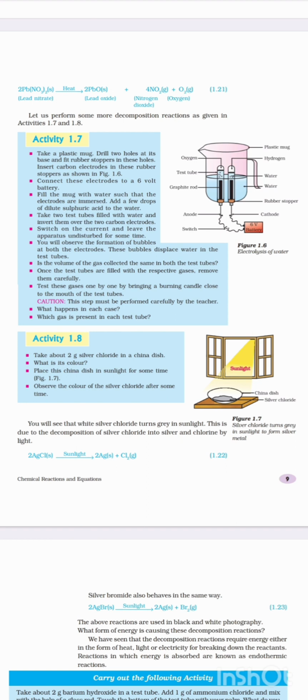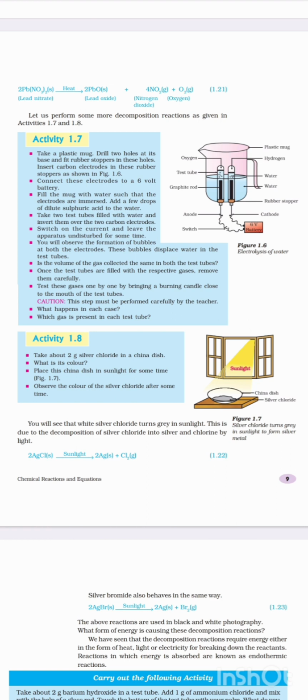Without energy, the reaction does not take place. So this is the completion of two types of reaction, and next one is displacement reaction.